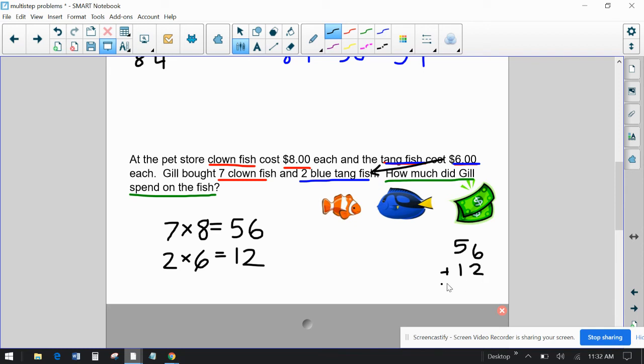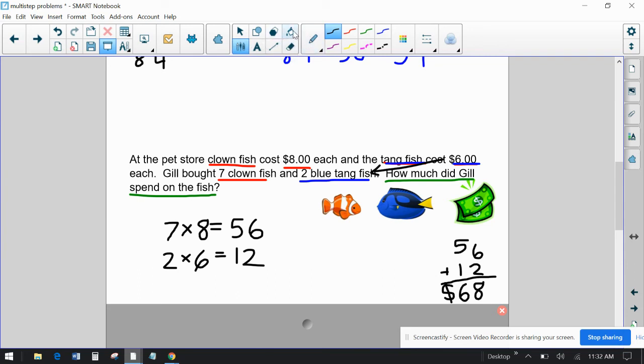Forgive my sloppy writing here. 8, 6. I added down the ones and then the tens. It's $68. No regrouping again. We got lucky. But yeah, it's hard to write with this mouse pad. Okay, so the answer was how much did Gil spend? Well, our unit was 68, but Gil spent $68.